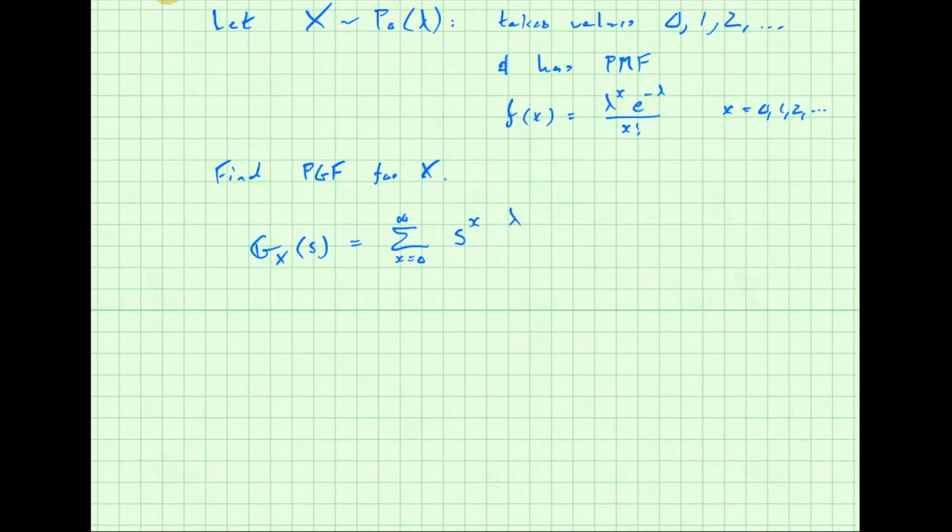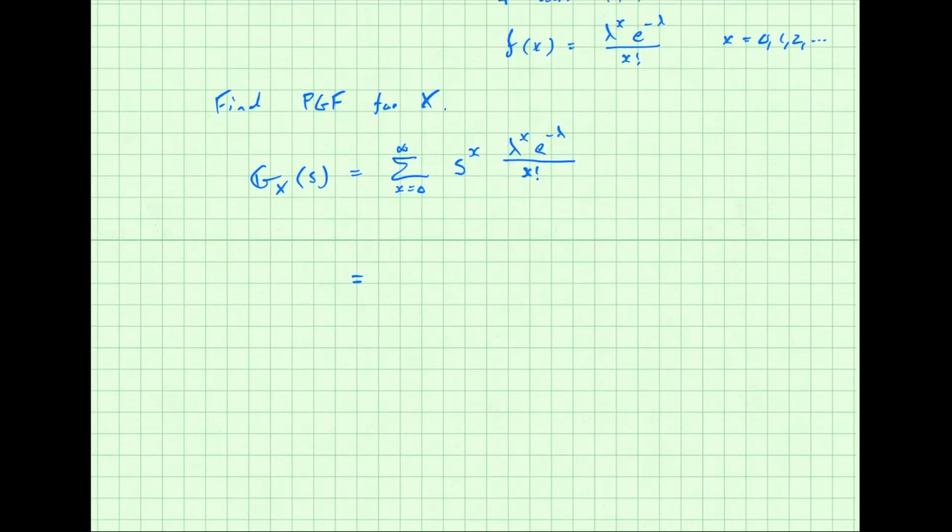So we have lambda to the x e to the minus lambda all divided by x factorial. Now, we can tidy this up a little bit. This e to the minus lambda doesn't do anything in the sum. It doesn't change as x varies, as the index of the sum is x. So it's just a constant, and we can pull that one out.